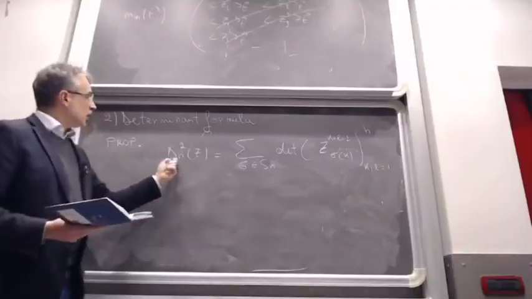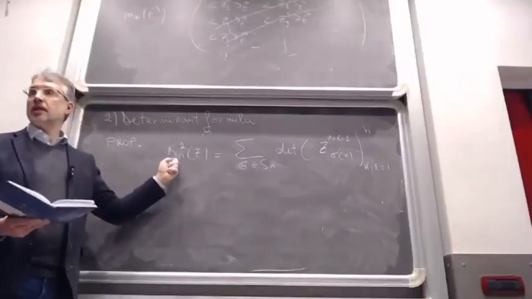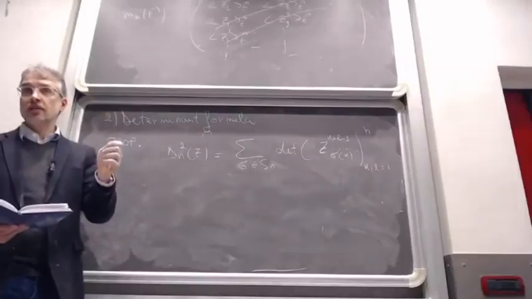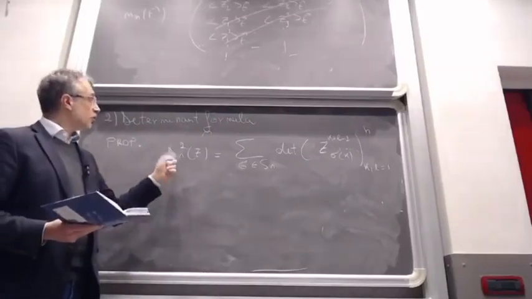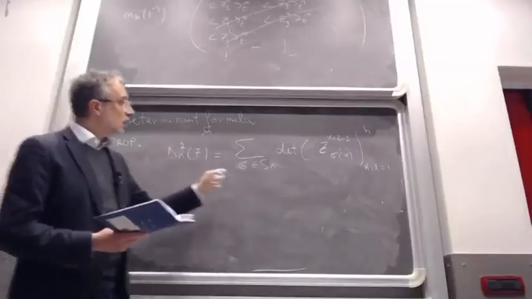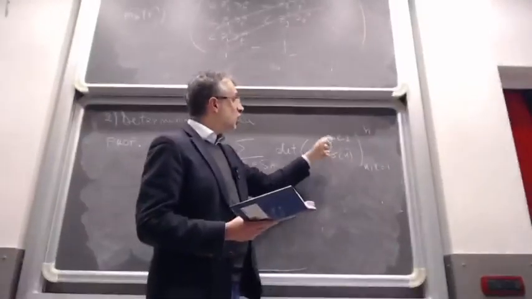And the proof is just straightforward. You take the Vandermonde determinant, you apply the definition of the determinant, where you write the permutation in one.